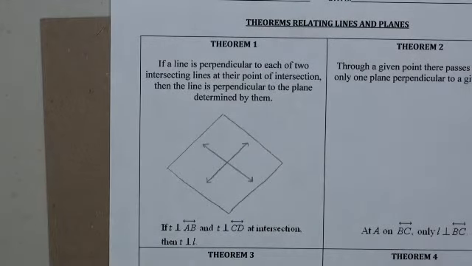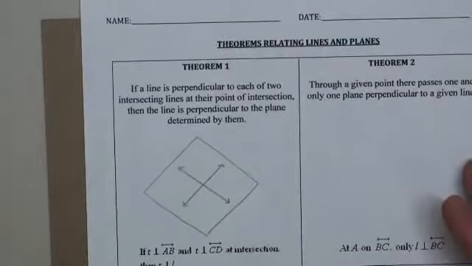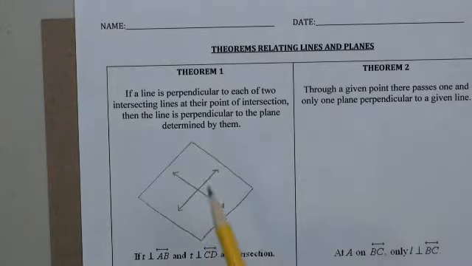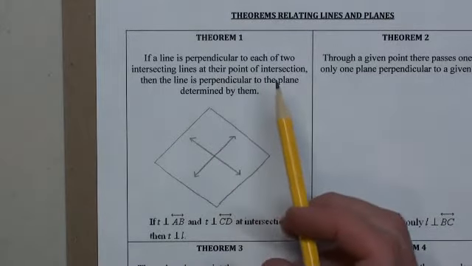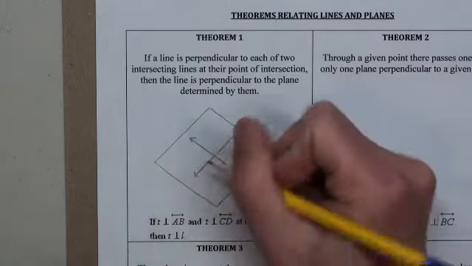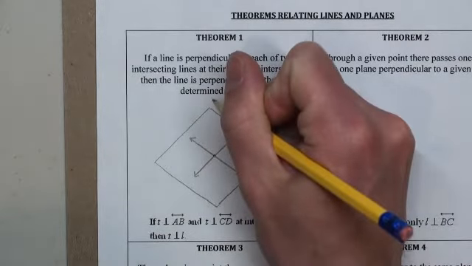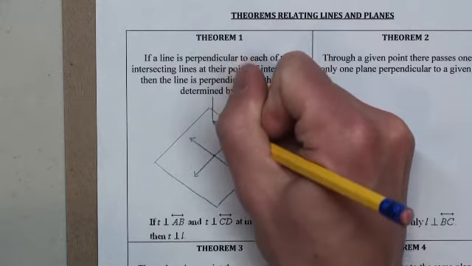So, there I have two lines, and I have the plane that they're lying in. Now it says, if a line is perpendicular to those two lines at their point of intersection, so now what I have is, here's their point of intersection, and I have a line going straight up in the air.